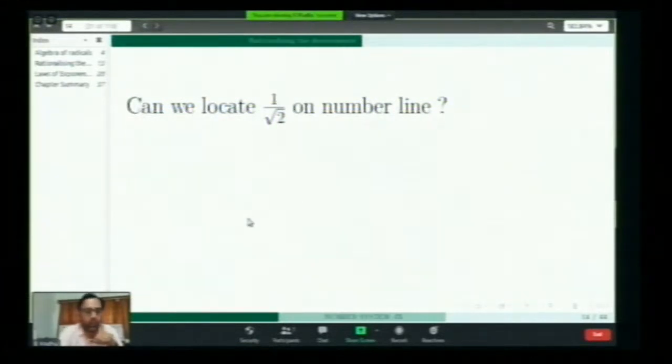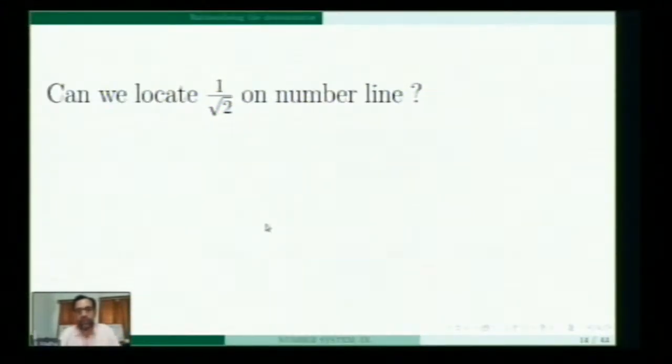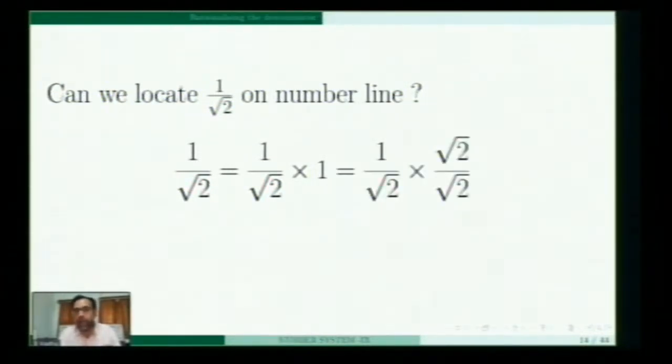So we will go for locating 1 by root 2 on the number line. What method can we apply? Let us see. So 1 by root 2, I am going to multiply with 1. It is not going to change if you multiply something with 1. But this 1, I am going to write as root 2 divided by root 2. Once I multiply this with root 2 divided by root 2, the numerator will be 1 times root 2, the denominator will be root 2 times root 2.